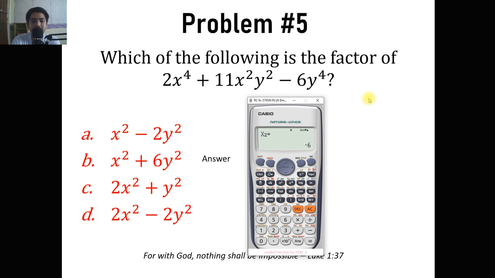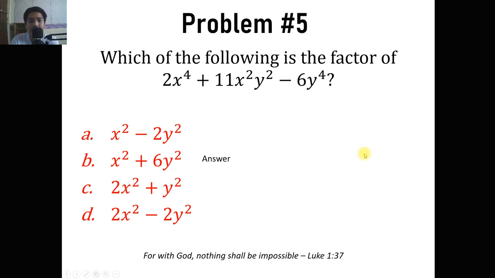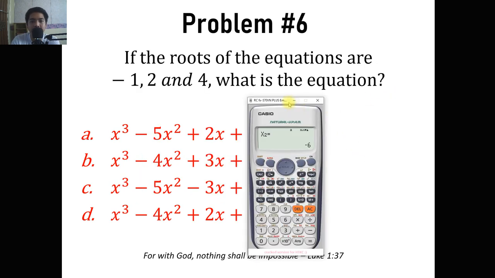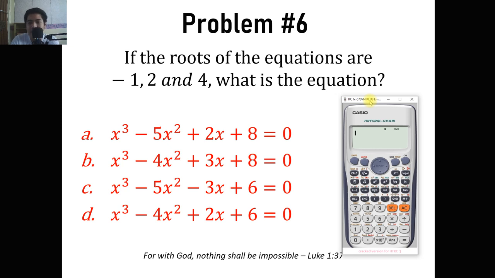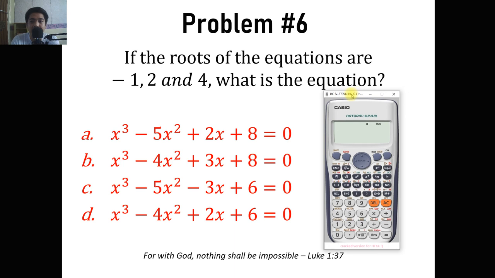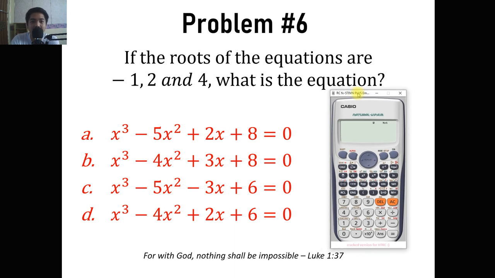Okay. Let's proceed with problem number 6. If the roots of the equation are negative 1, 2, and 4, what is the equation? The roots of the equation are given, so we are going to find the equation itself that has the roots negative 1, 2, and 4. It's very easy. We go through the choices and simply substitute negative 1, 2, and 4.